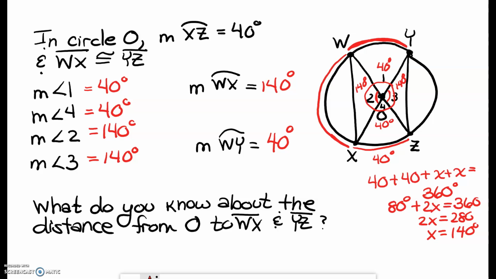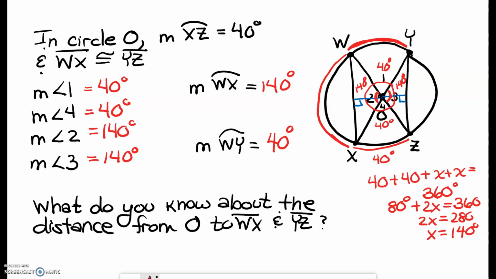What do you know about the distance from O to WX and O to WY? Well, when we calculate distance, it's always the perpendicular distance. Since my chords have the same central angle, this central angle, this red angle right here, and this angle are congruent because they are vertical angles.